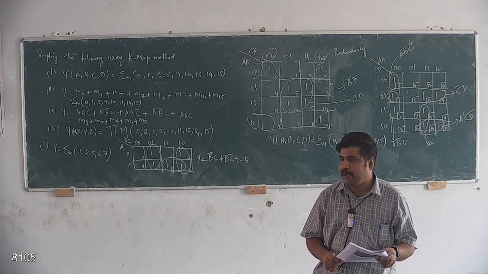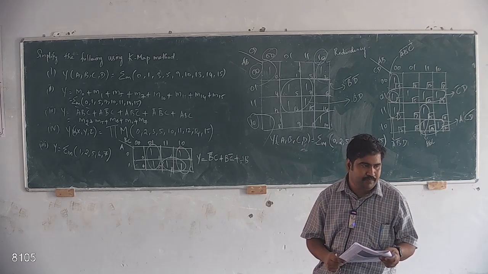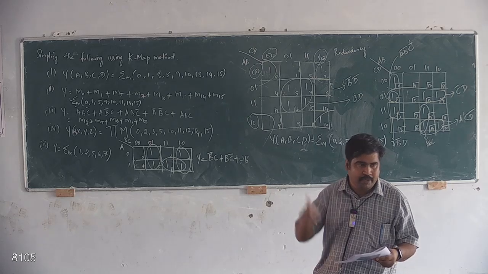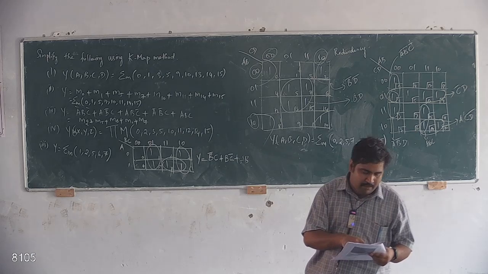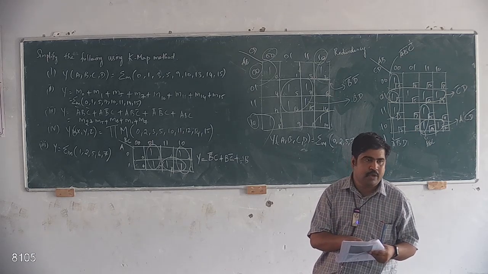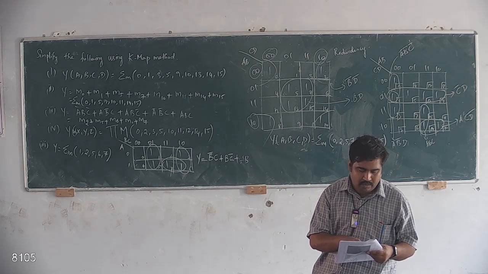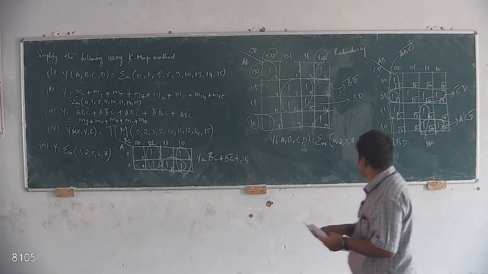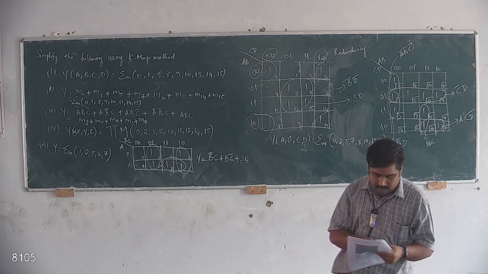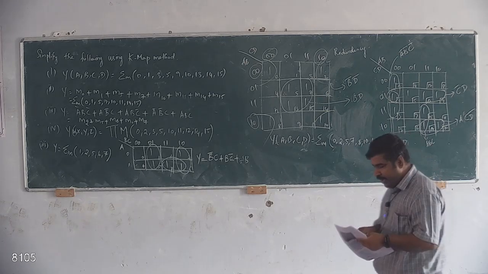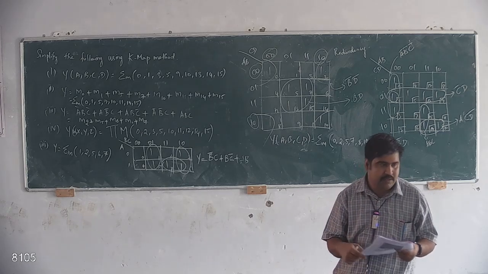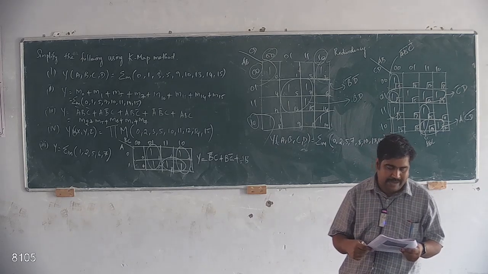F of A comma B comma C comma D equal to summation M, open the bracket, 0, 1, 2, 4, 5, 6, 8, 9.